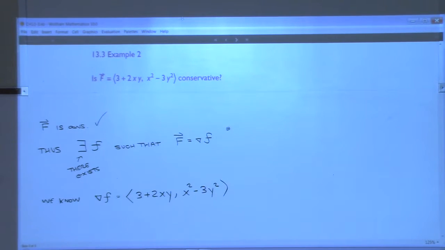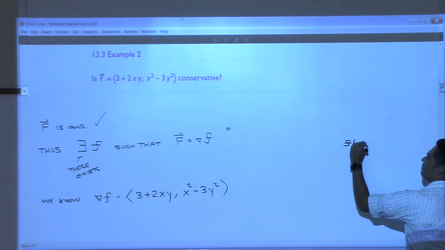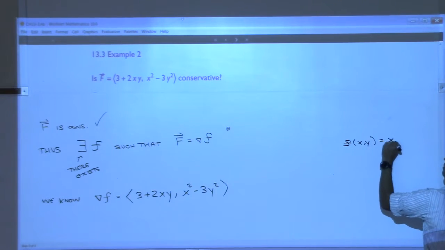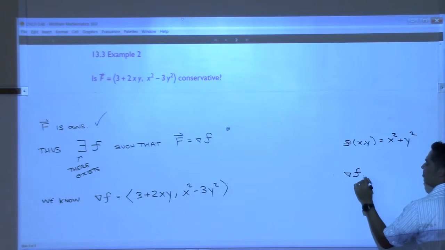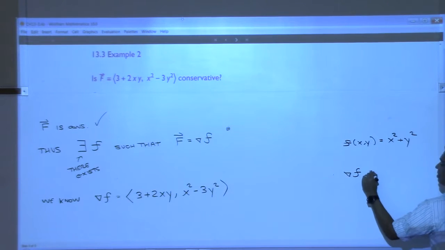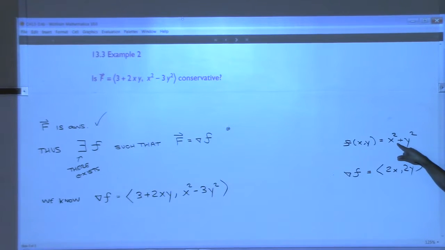Now, do you remember when we took the gradient of a scalar function, like we did in that example a second ago? When I was showing you the longer way of doing this, we found that the gradient was 2x, 2y. So the first component is the partial with respect to x, and the second one is the partial with respect to y.